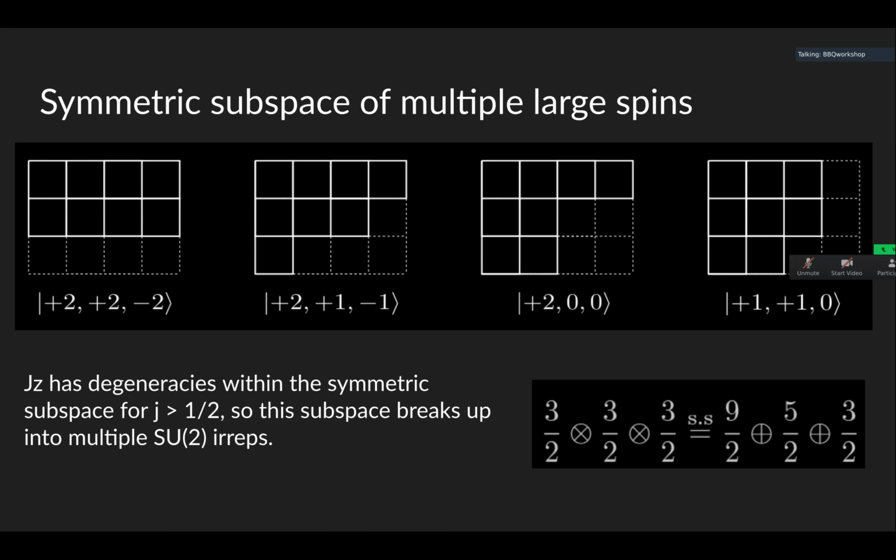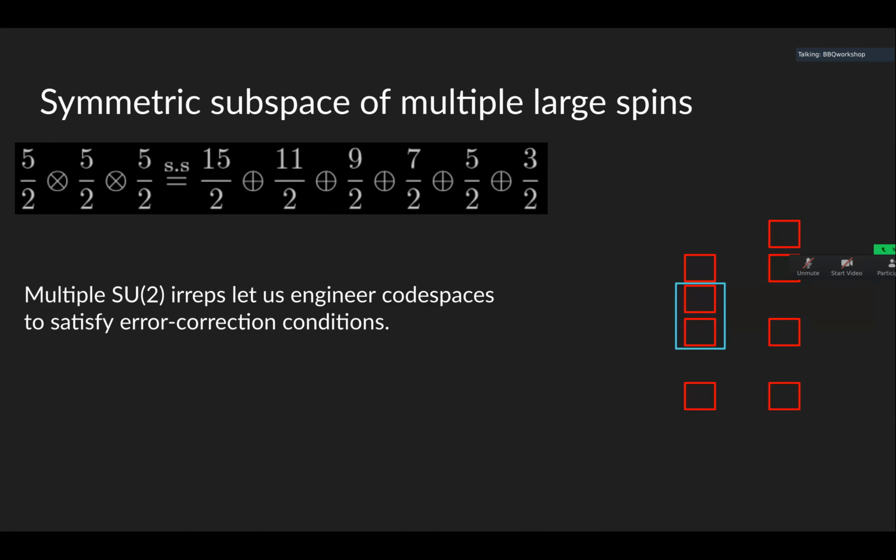And this is nice because having this direct sum of different SU2 representations or irreps allows you to do some of this code engineering I was talking about earlier.